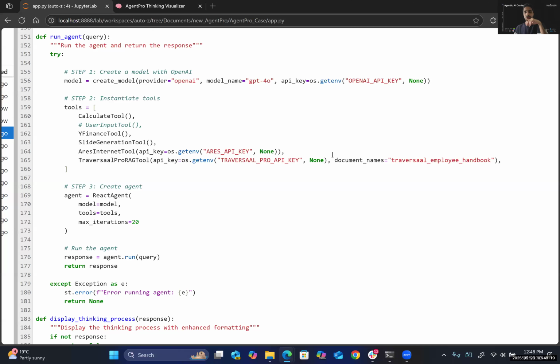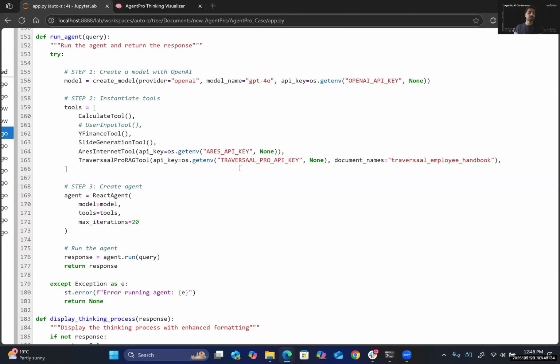With the React tool, you actually need to pass the document because it helps the agent know when to go to the React tool. If the question is related to the Traversal Employee Handbook, it will go to the React tool.